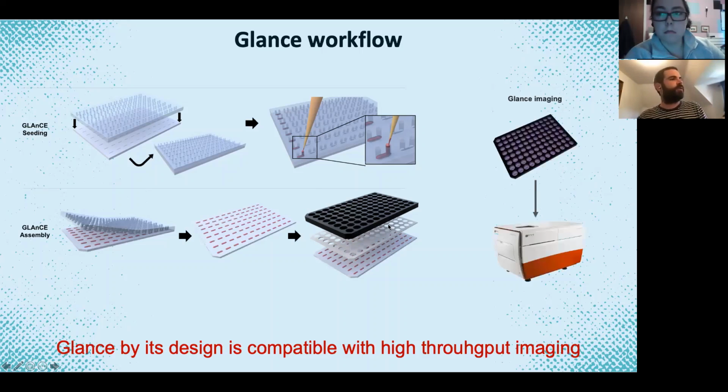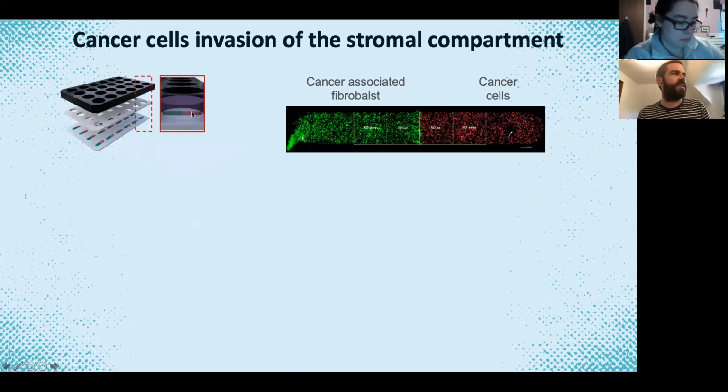If you have a closer look, you have this model. As you see here, in green it's cancer-associated fibroblasts and in red it's cancer cells. You can look at how cells behave at this region where both cell types meet, or you can look at the behavior of cells more far away, where they are not meeting the other cell type.